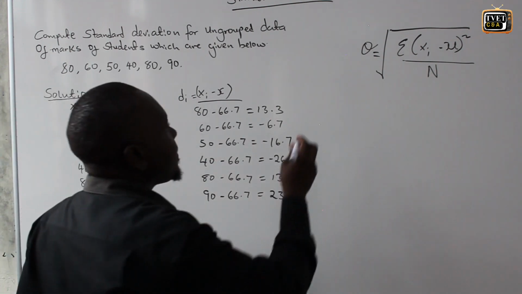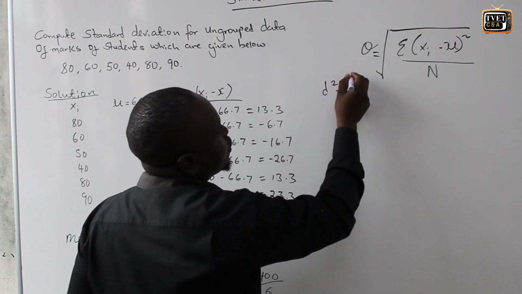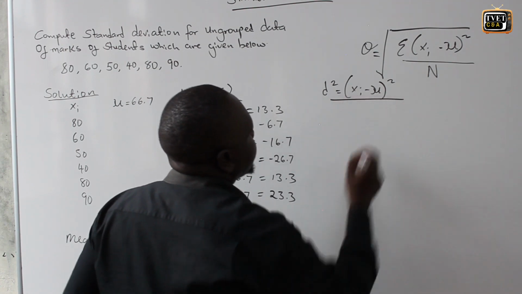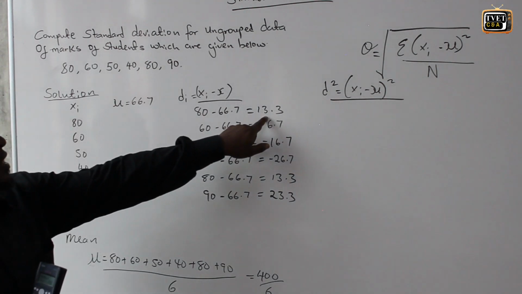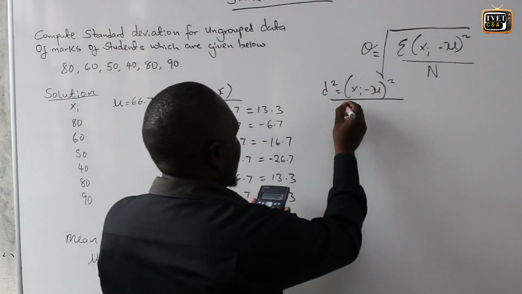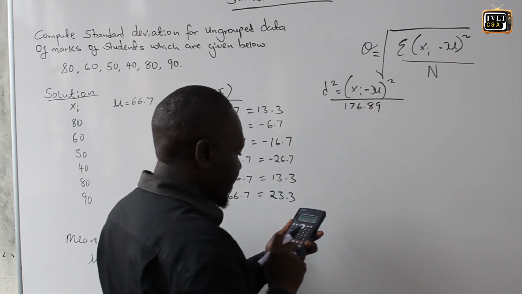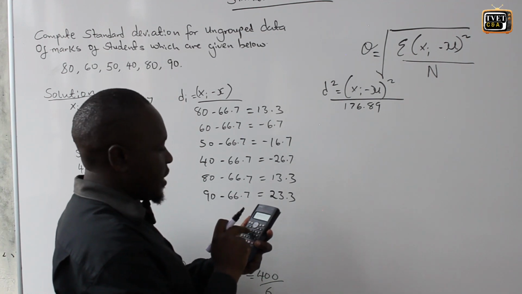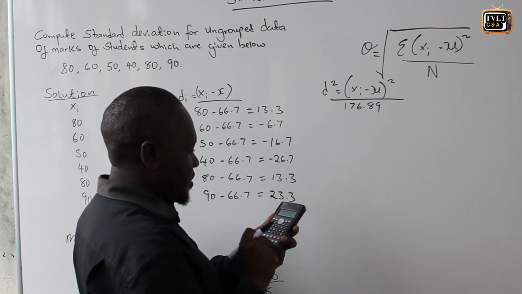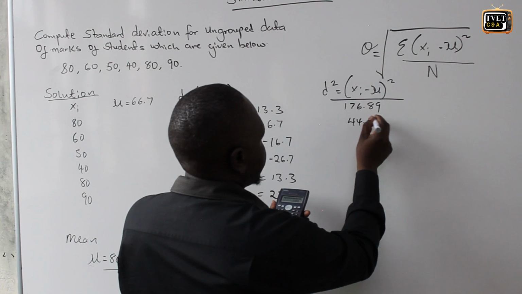Now, we have all this here, but we have not done what? Squared it. The deviation squared, d squared, is equal to (xi minus the mean) squared. So 13.3 squared gives 176.89. Then negative 6.7 squared will be 44.89.